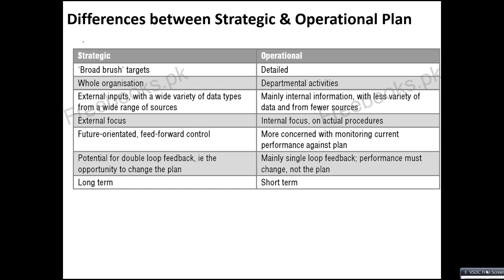Up to some extent they have something, but not 100% of the information. Their internal focus is just to achieve the targets of their departments. For example, for the sales department, the focus is not on purchasing. Their focus is mainly on sales.